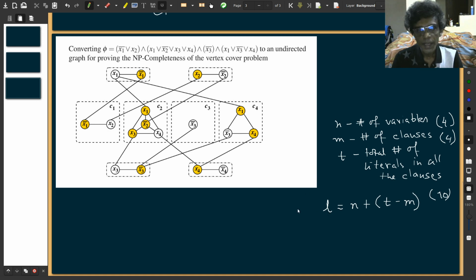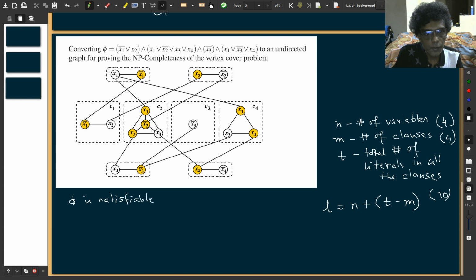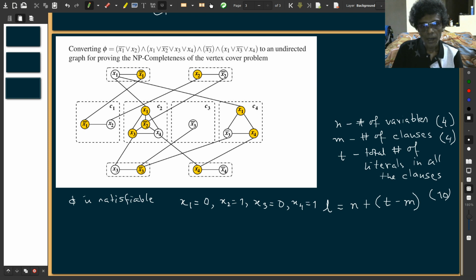Okay. Anyway, so now suppose that phi is satisfied. So take a satisfying assignment. In this case, it is, for example, x1 equal to 0, x2 equal to 1, x3 equal to 0, x4 equal to 1. So this is a satisfying assignment. Okay. Now, since x1 is 0, I will choose x1 complement.